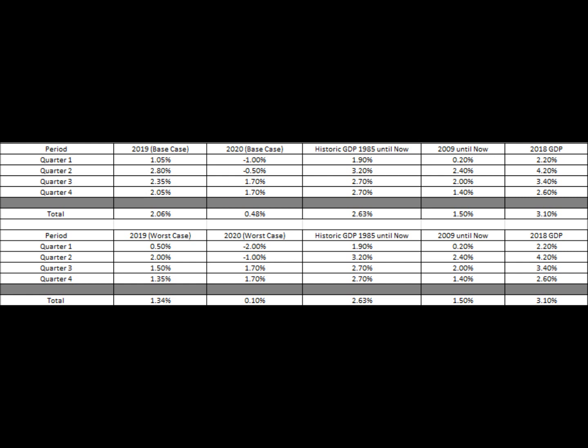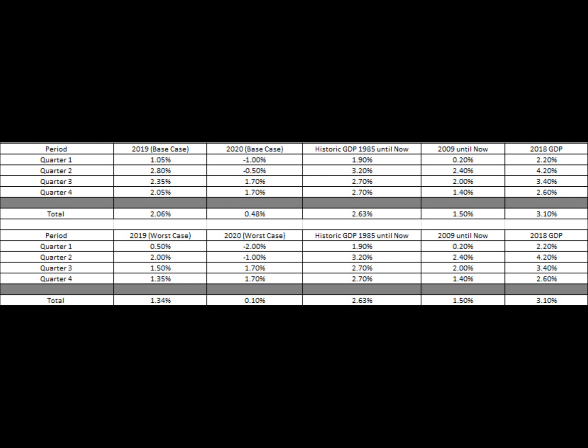And then for the third quarter of 2020, I go back to trend growth, which is between 1.7 and 1.9% for both the third quarter and the fourth quarter, which gives me a full year total for base case in 2020 of 0.48%. So it drops from 3.3% in 2018 for real GDP in my base case to 2019 2.06% to 2020 base case of 0.48%.